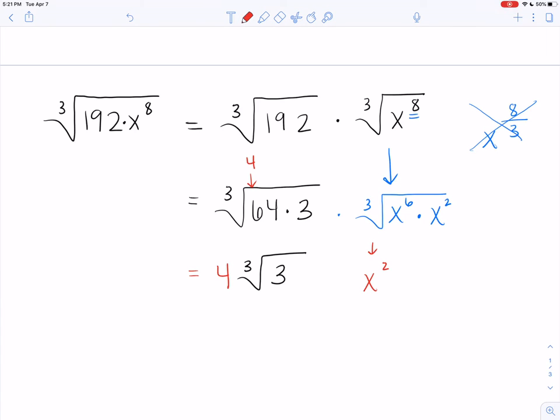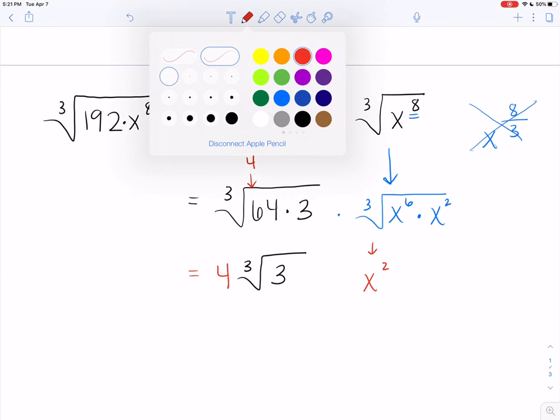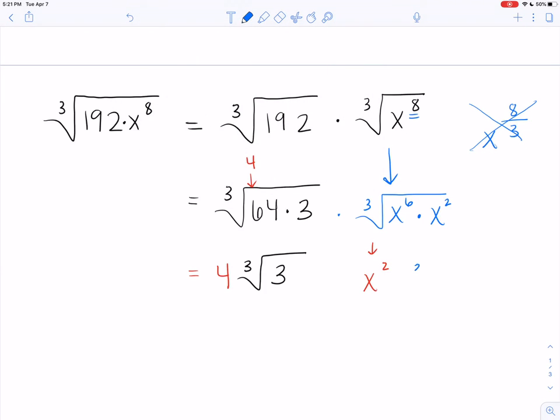And then the x squared, I can't do anything with that. I can't divide by 3, 2 over 3. That wouldn't simplify. And I also can't rewrite 2 in terms of anything that is divisible by 3 because it's smaller than the root. So when the exponent that you have underneath the radical is smaller than the root, you can't go any further, which means I'm going to leave the rest underneath the cube root, which is x squared.